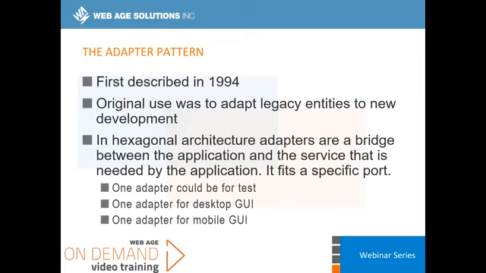The adapters around each one of the ports adapt what we need using the same set of service names and the same set of operation names, but different behaviors within them based on what we need and what we're connecting to.